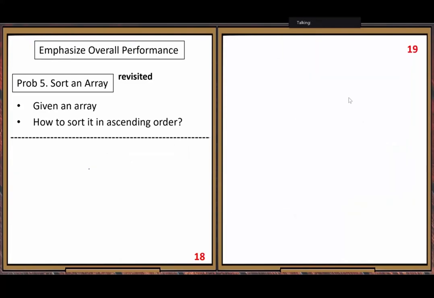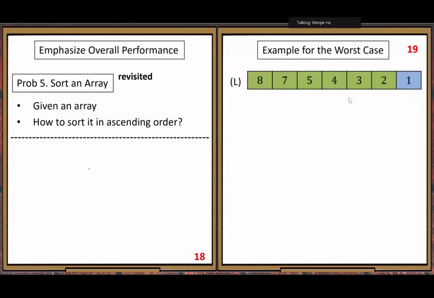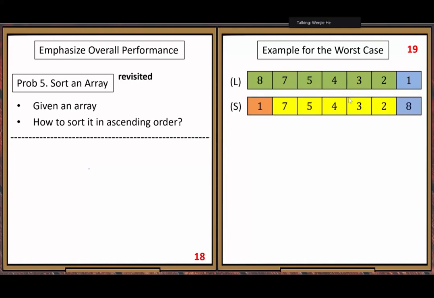Here, let me show you some more cases about the worst case. Look at this data. After the first partition, we put the pivot element in place. The remaining part gives you another worst case.